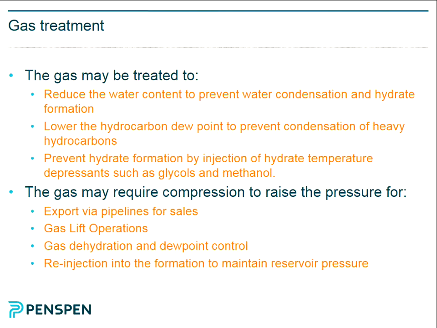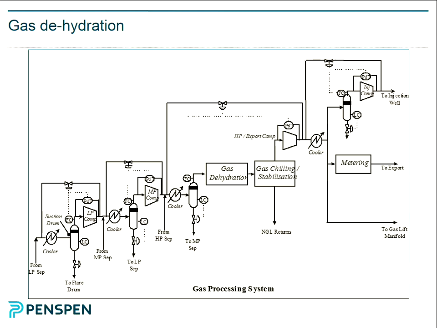So gas dehydration is an important thing. This is a glycol plant, and it's used for separating water or taking water out of gas. It works like this: you get moist natural gas coming in. You knock out your hydrocarbons and send them back to a liquids tank, and then you sprinkle down glycol over the gas, so the gas is going through here and comes out the top.